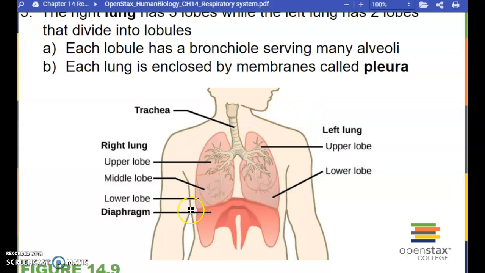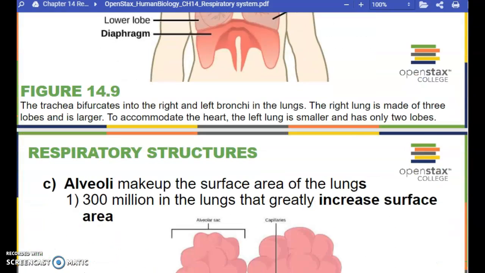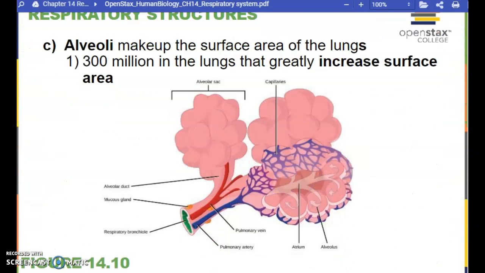They both are full of alveoli, those very tiny air sacs. And we call the membrane that surrounds the lungs the pleura. You might sometimes hear of people who have pleurisy, which is an infection of that pleura.